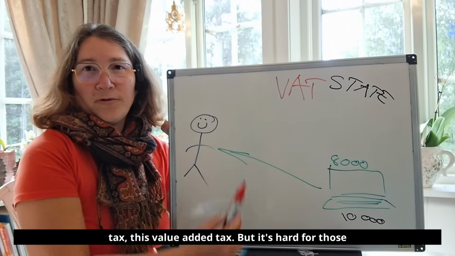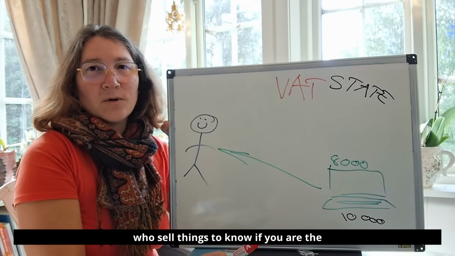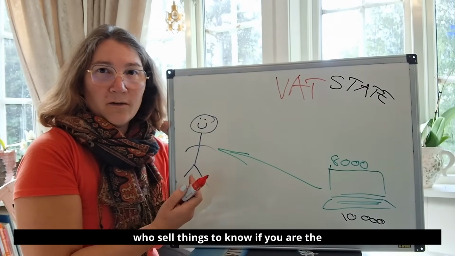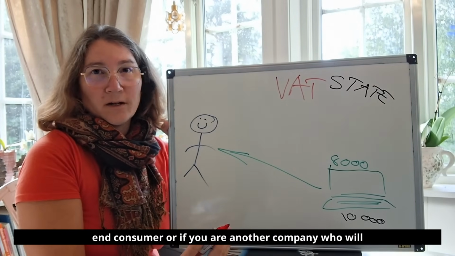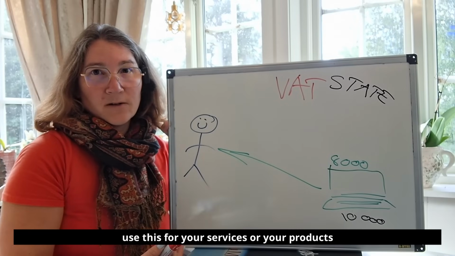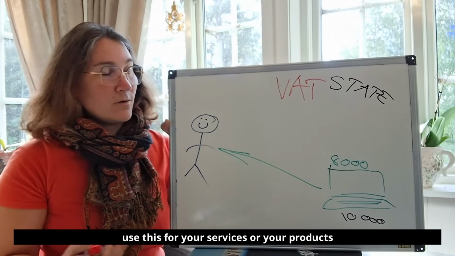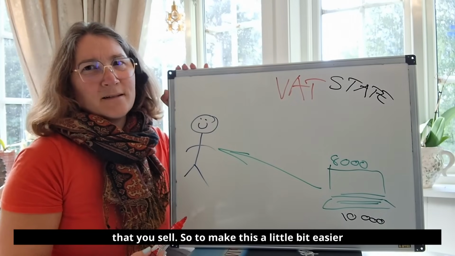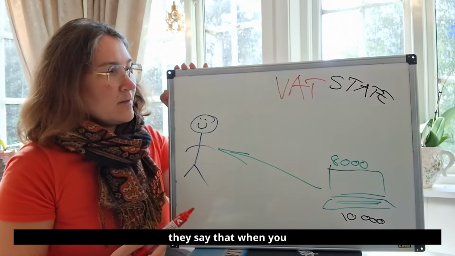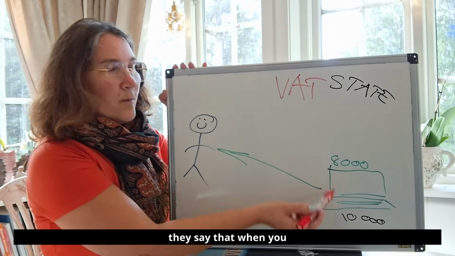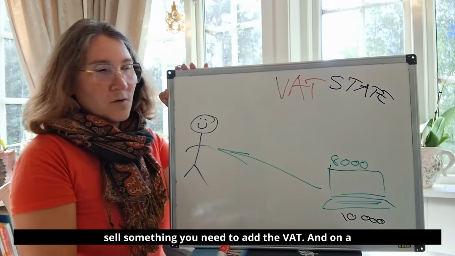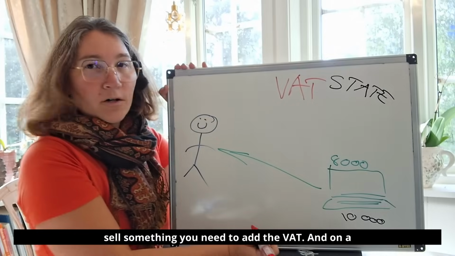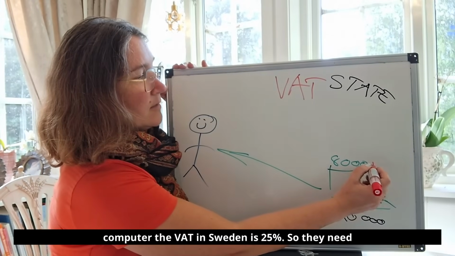But it's hard for those who sell things to know if you are the end consumer or if you are another company who will use this for your services or your products that you sell. So to make this a little bit easier to understand, they say that when you sell something, you need to add the VAT.